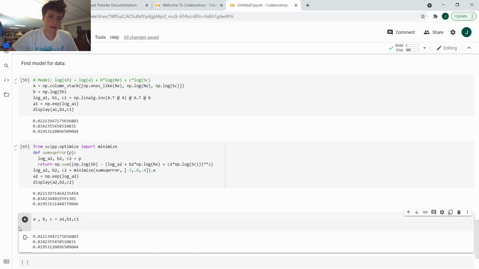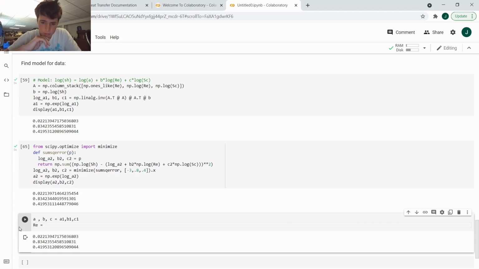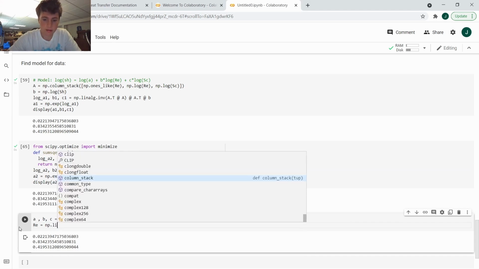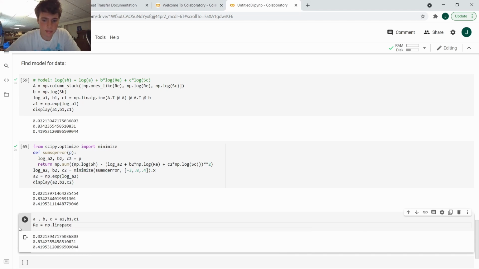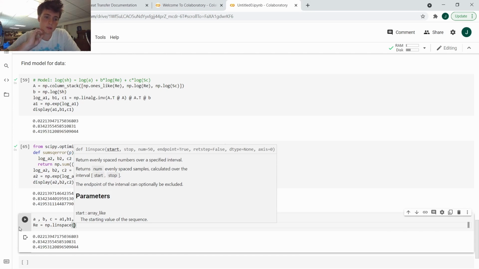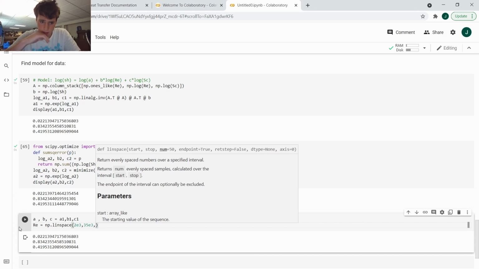We want to graph our Reynolds number over our entire range. So we say Reynolds is just equal to np.linspace. We want it to range from 2e3 to 35,000, and we can use 20 points.